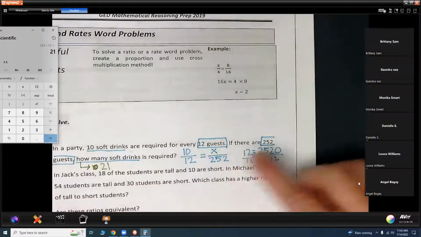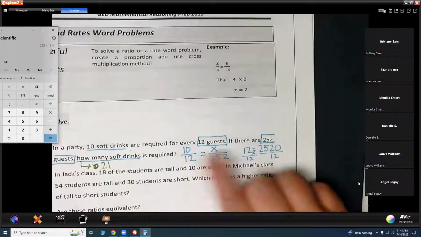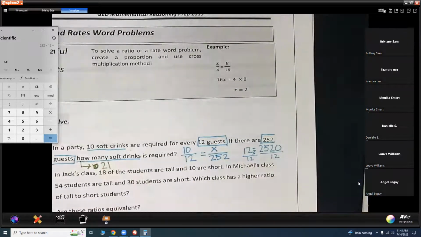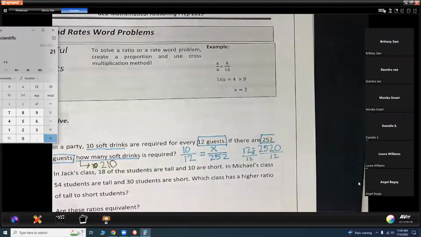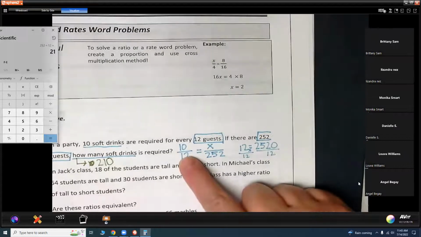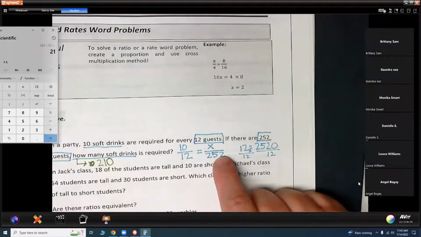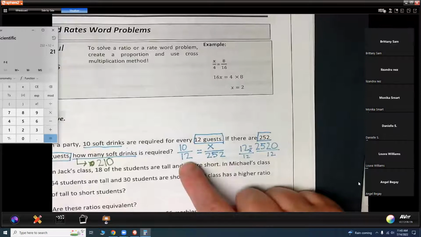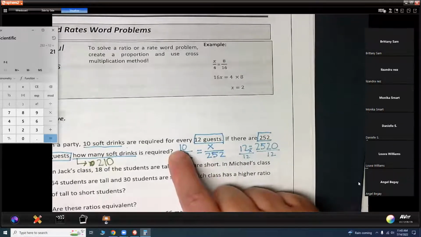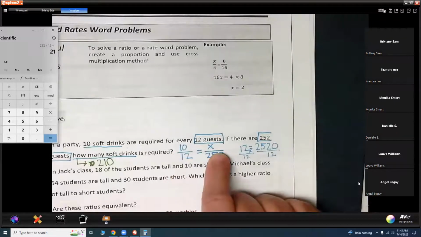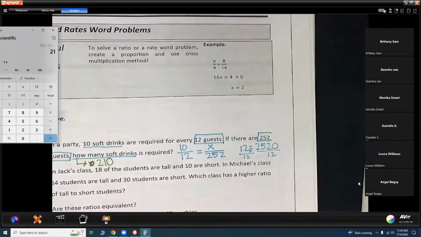Then you multiply 21 by 10. So 252 divided by 12 is 21, and to make the equivalent fraction, we multiply the 21 by 10, and that's what goes on top.